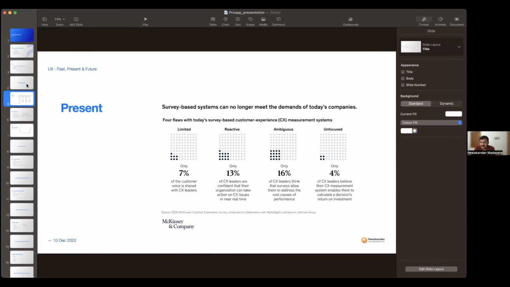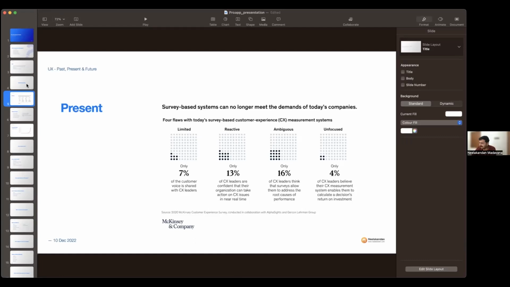So to know the present, we'll have to know this. They did it with 260 user experience leaders across all sizes of companies.